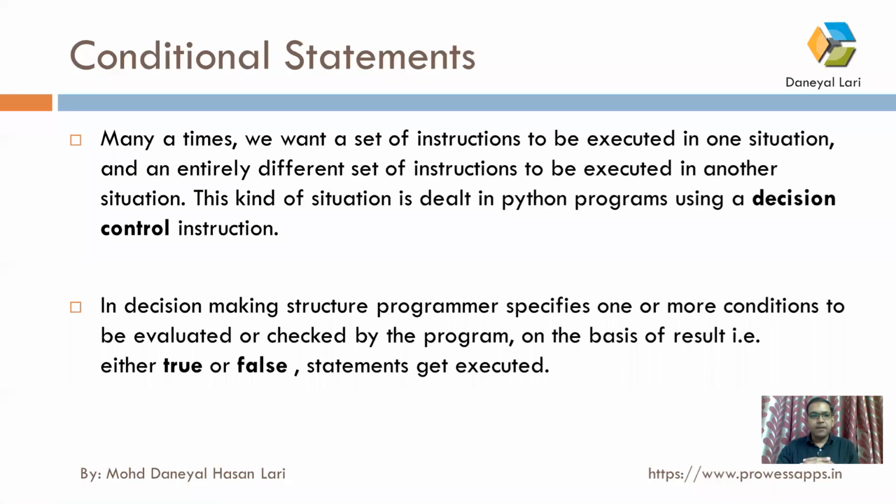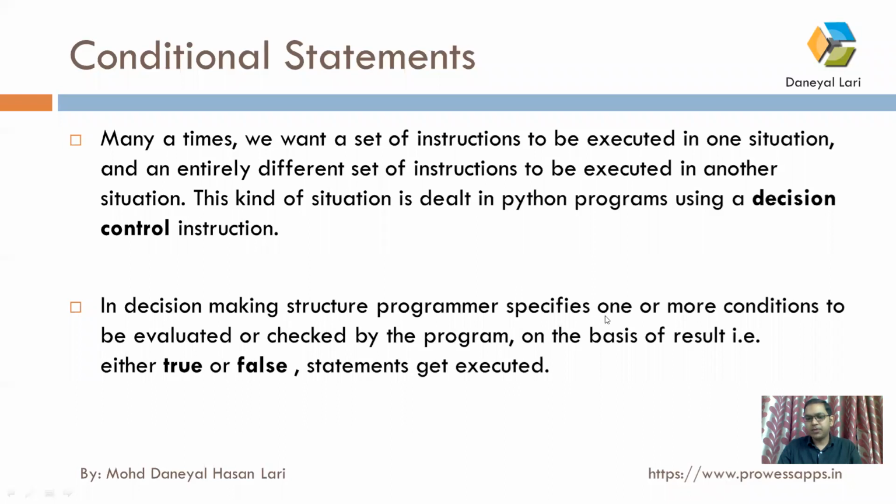So look at here. Many times we want a set of instructions to be executed in one situation and an entirely different set of instructions to be executed in another situation. This kind of situation is dealt with in Python programs using a decision control instruction. So what is a decision control? In a decision making structure, the programmer, meaning those who write the program, specifies one or more conditions to be evaluated or checked by the program.